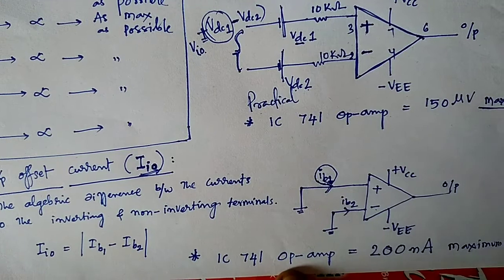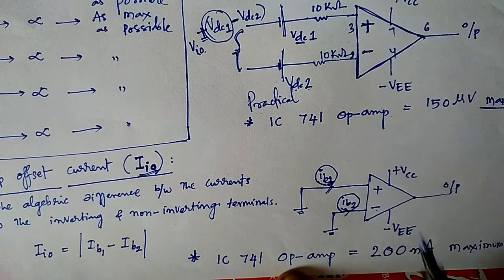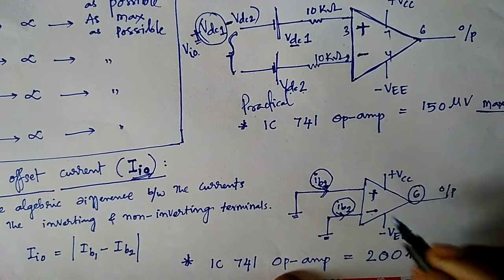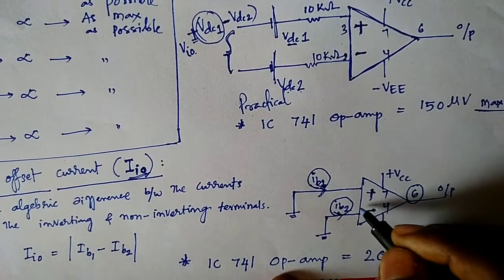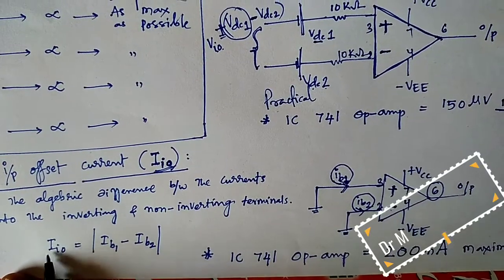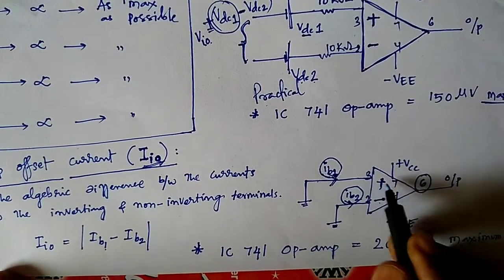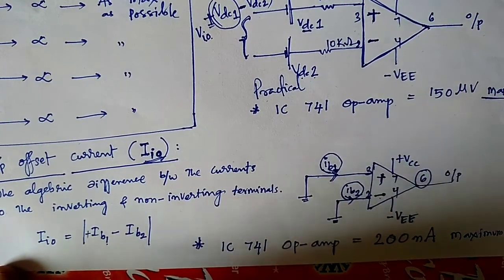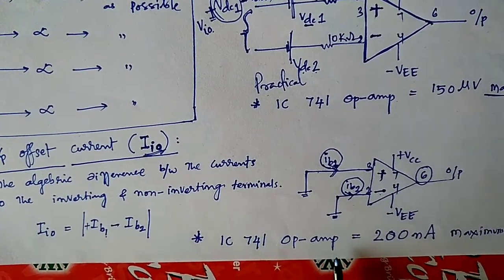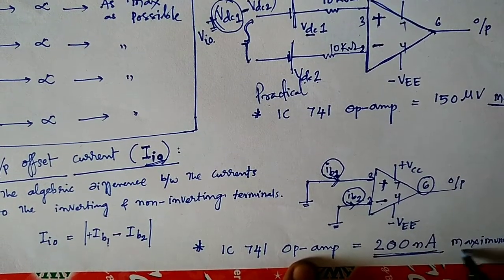IB1 and IB2 are input DC currents connected to the positive and negative terminals. Here pin 6, pin 7, pin 4, pin 2 and pin 3. Input offset current I naught equals IB1 minus IB2. IB1 is connected to the positive terminal so you use plus, and IB2 you use the minus symbol. For the IC741 operational amplifier, it is 200 nanoamps maximum.